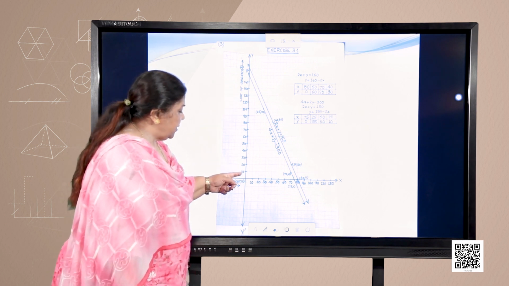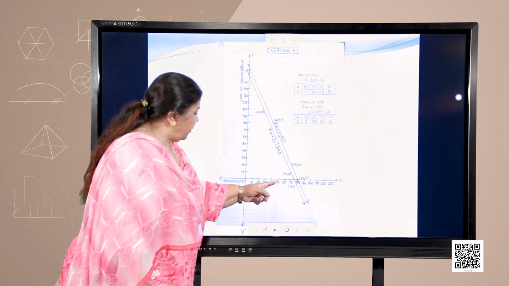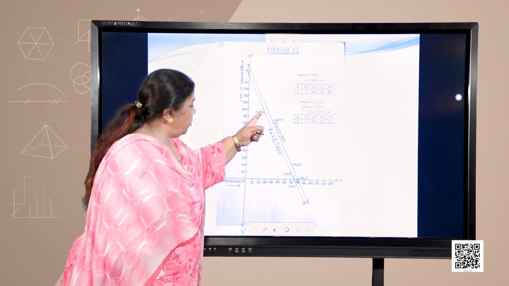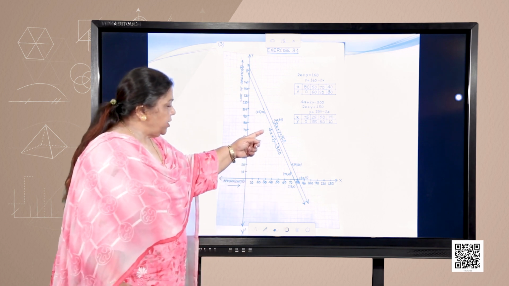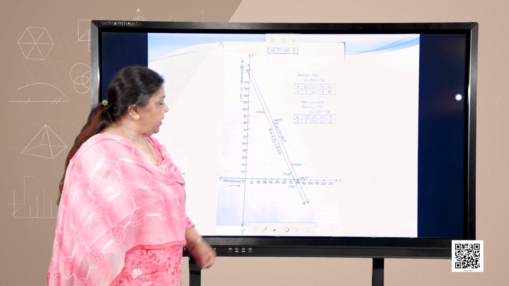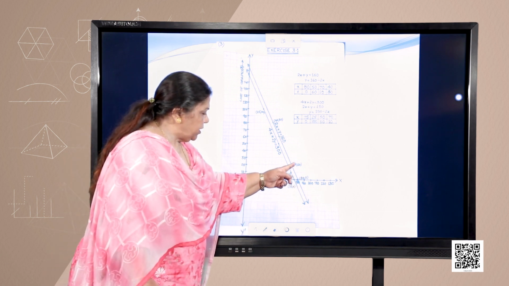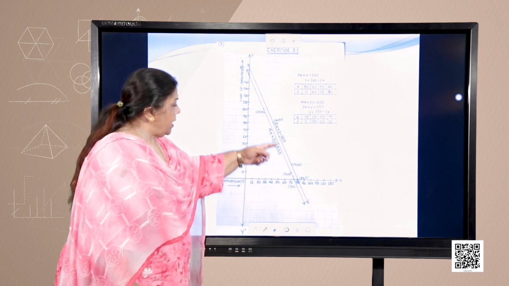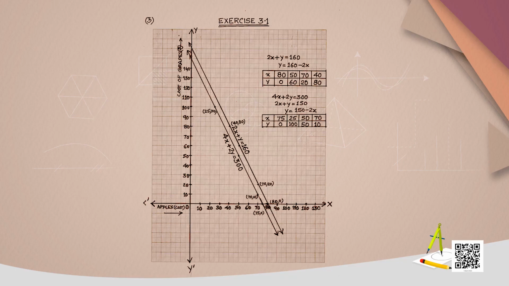When we have plotted here 70 comma 10, here we have 50 comma 50, and this point 25 comma 100, and we join these points to get the graph of the equation 4x plus 2y is equal to 300. Likewise, by plotting the points 80 comma 0, 70 comma 20 and 40 comma 80, we have got another line for the equation 2x plus y is equal to 160. Can you see we get a pair of parallel lines here?